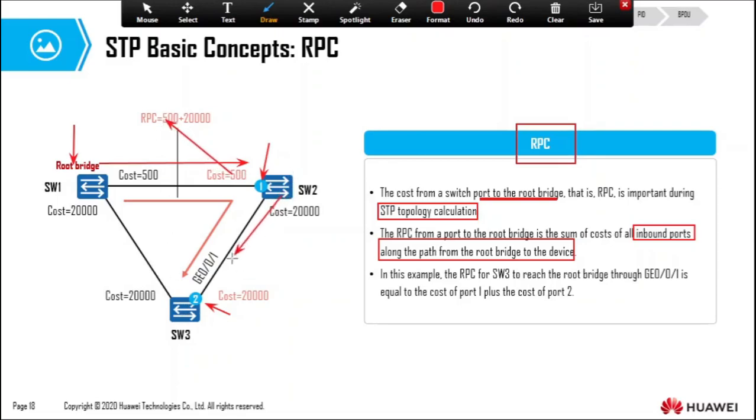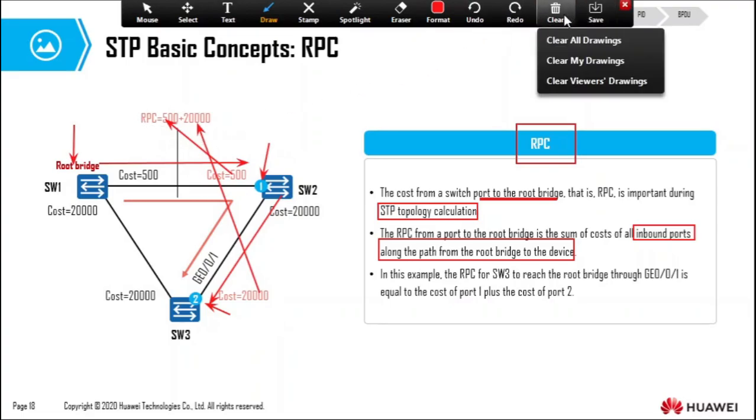Then the other inbound interface is this one. The cost of this interface is 2000. Therefore, we add 500 plus 2000. So the RPC of this port is 2005. Is it 2000 or 20? 20,000, eh? 20,500, okay?